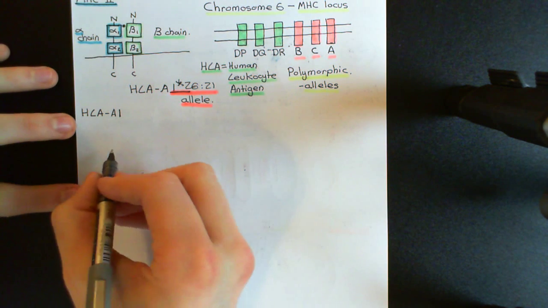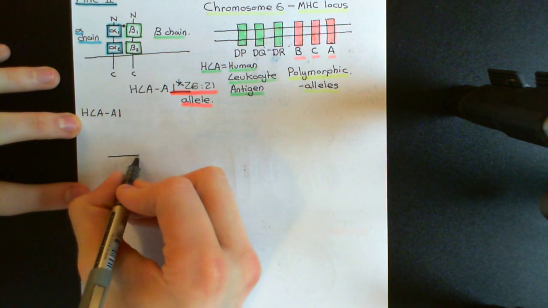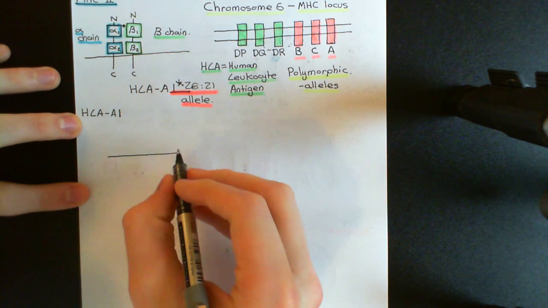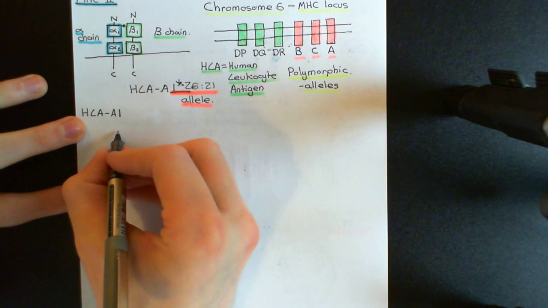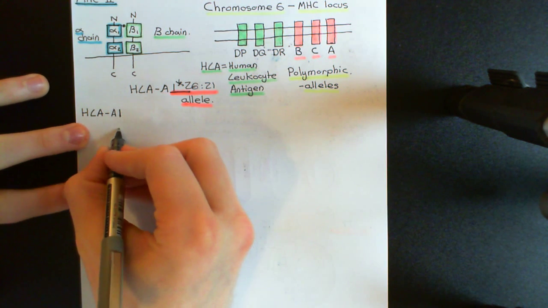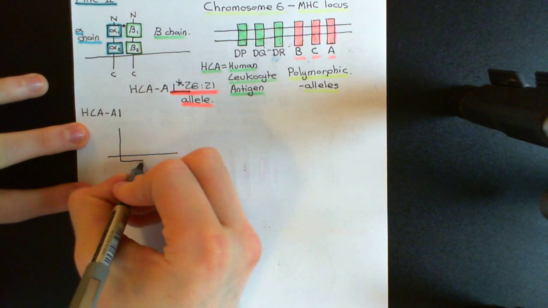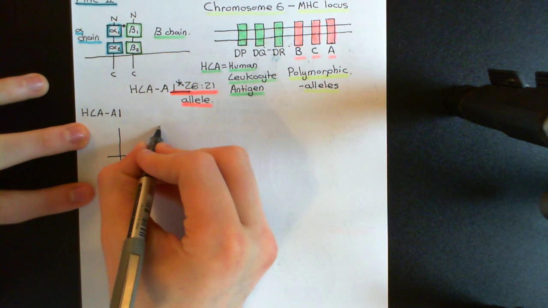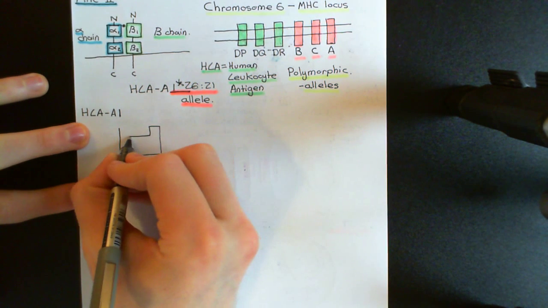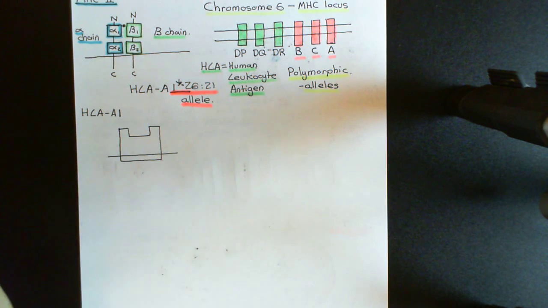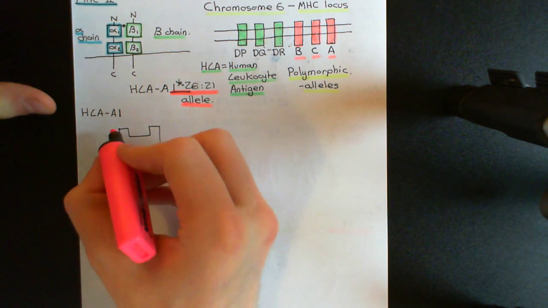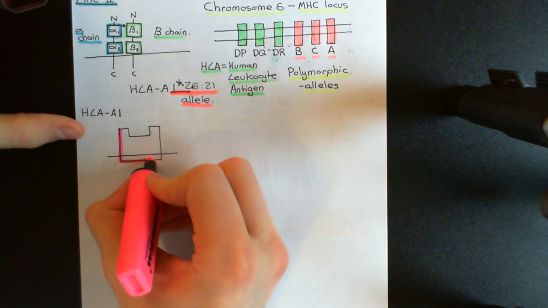Okay, so I've now got some MHC class 1 here. I'll go back to drawing a simpler picture of MHC class 1. Rather than draw the separate alpha and beta-2 microglobulin, I'll just draw it like so. This is going to represent my MHC class 1, and I'll go back to representing it in pink as I did previously.